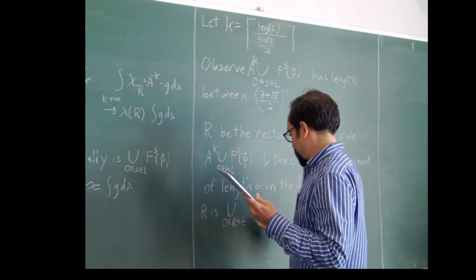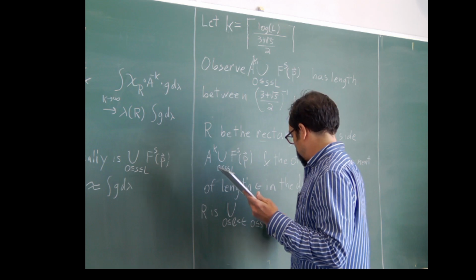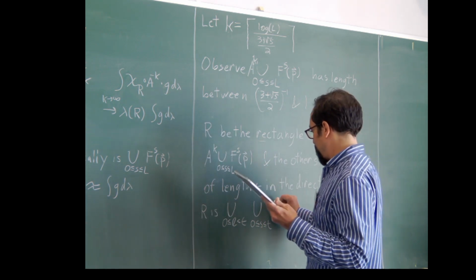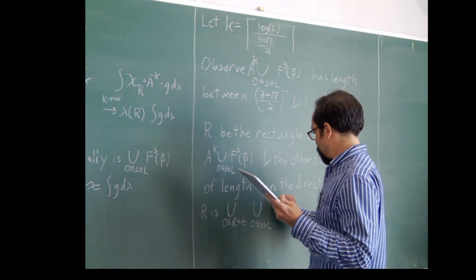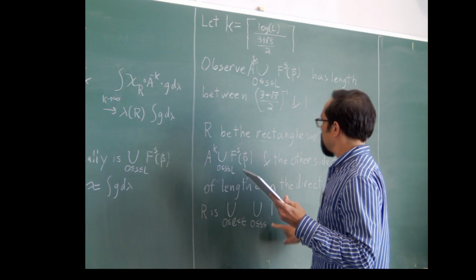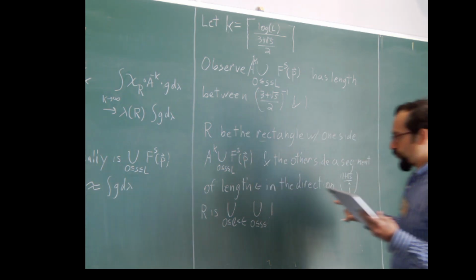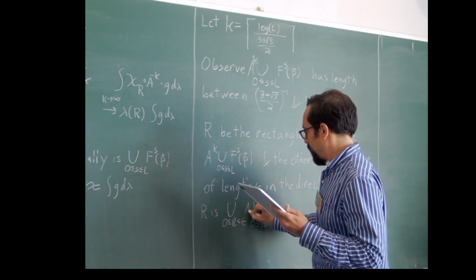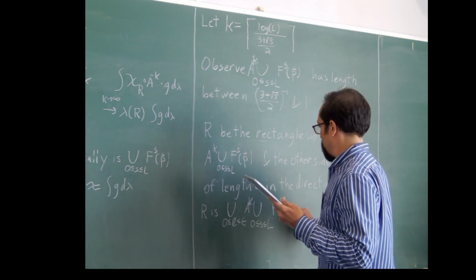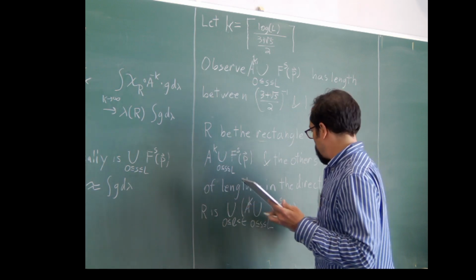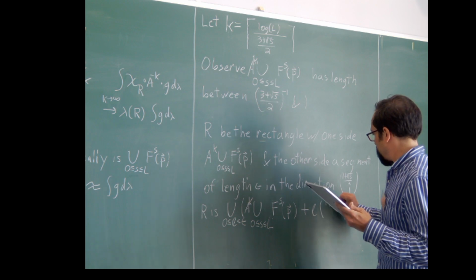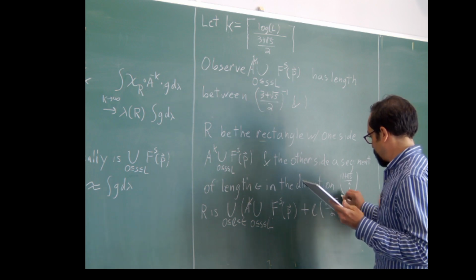And then I'll take the union for 0 less than or equal to S less than or equal to T. And then I'll want to put an A to the K of S to the L of F to the S of P. And then to this whole thing, I'm going to be adding L times (1 plus the square root of 5)/2.